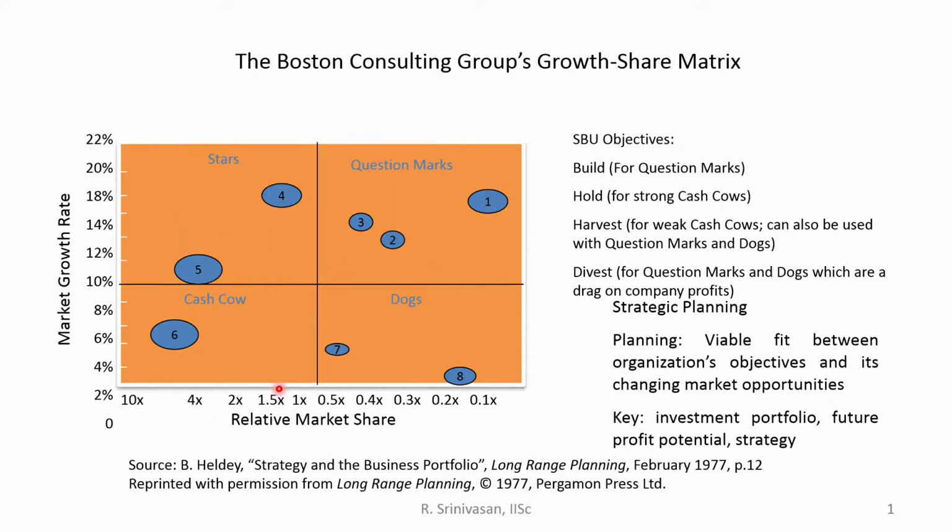It can also be the case with question marks, when some of the products you are trying to introduce in the market, you are not very confident that you can move them to the star. So, in the question marks stage itself, you may like to divest these SBUs. This divesting strategy can be adopted for question marks and dogs, which are a drag on the company's profits.